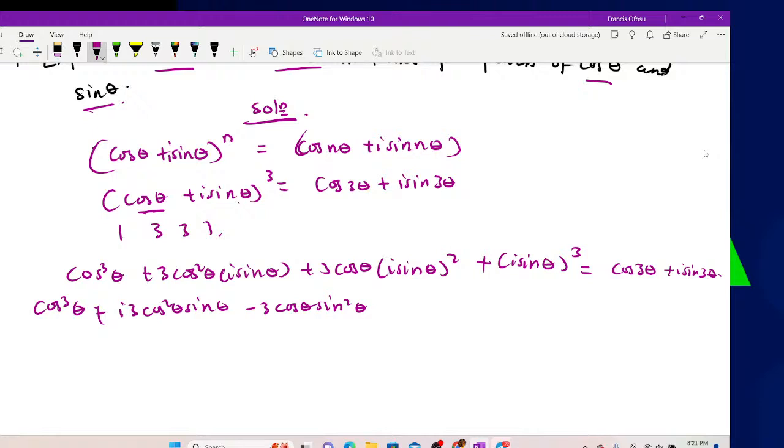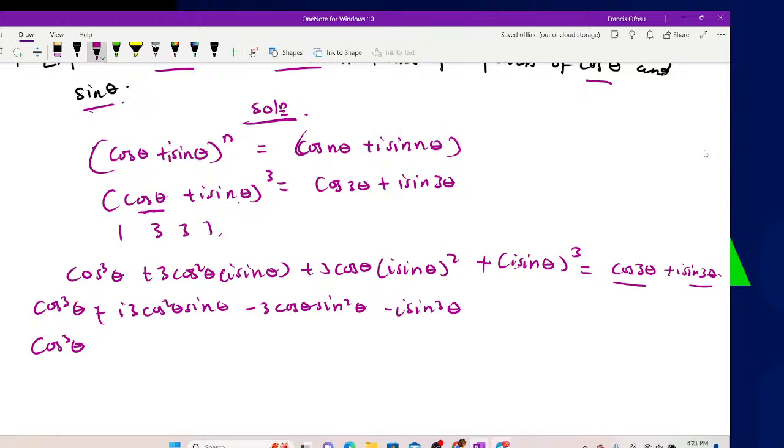Then this side will give me i³ is negative i, so minus i sin³θ. Now, to find the corresponding expressions for cos 3θ and sin 3θ, I have to separate this into components of real parts and imaginary parts. For my real part, I'll have cos³θ, then I'll have what?